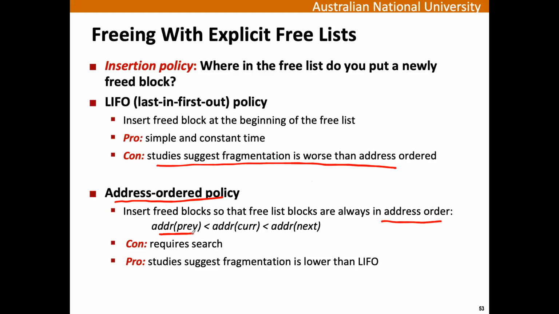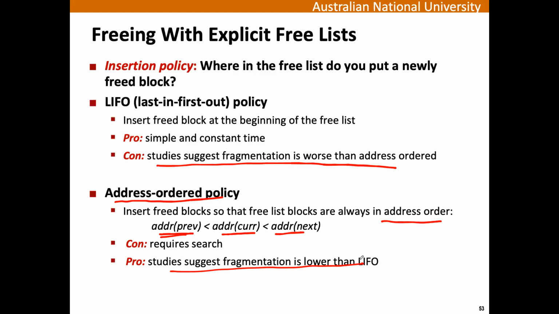The address of the current block is greater than the address of the previous one and less than the address of the next one. So we maintain the free list in such a way that the addresses of the free blocks are in increasing order. Studies suggest that fragmentation is lower, but really what we are trying to exploit here is locality.